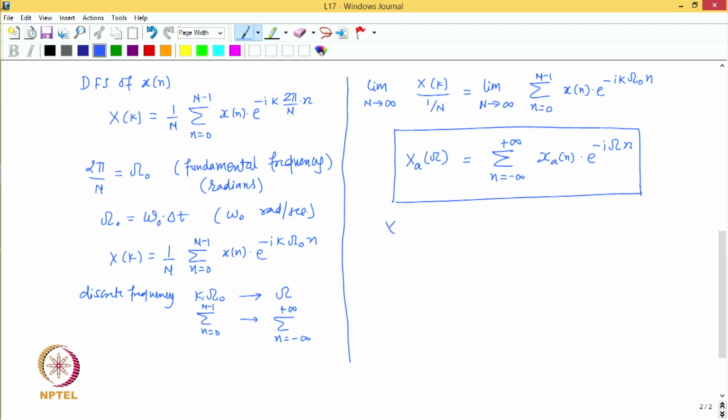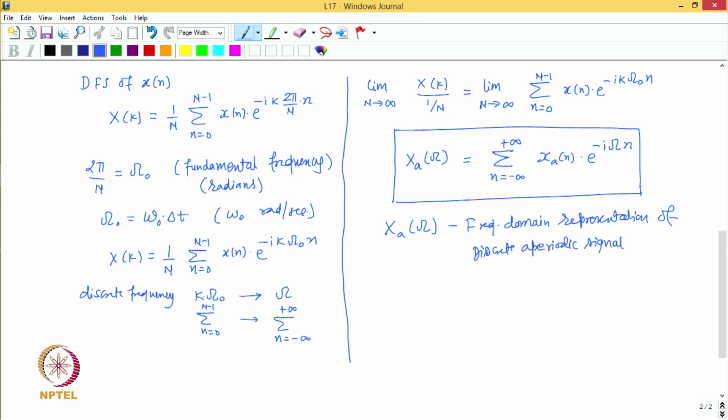So, here x a omega represents the frequency domain representation, right, of a discrete aperiodic signal, right.